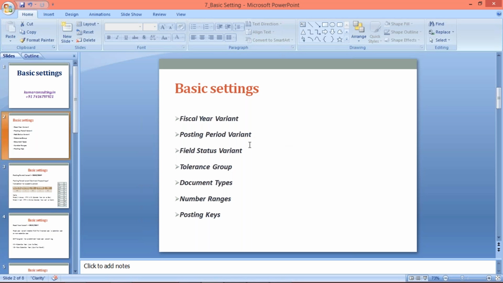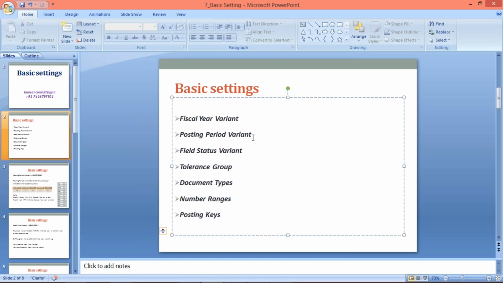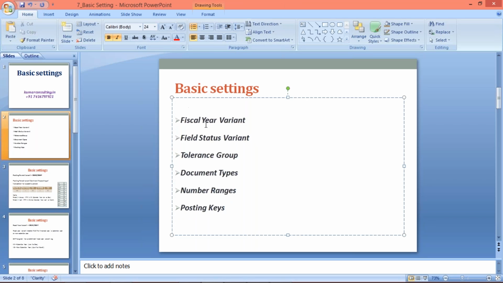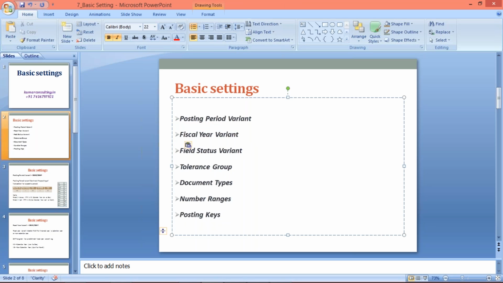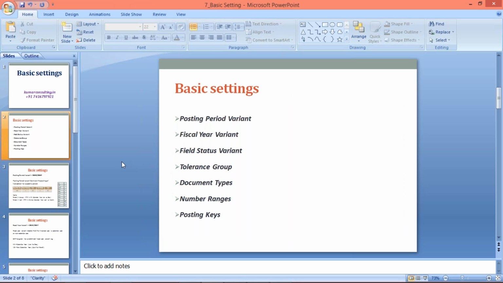So first of all, I'll just make it like this. Instead of fiscal year, we'll define posting period variant, then fiscal year variant, field status variant. What are all these things, we are going to discuss in detail, don't worry.